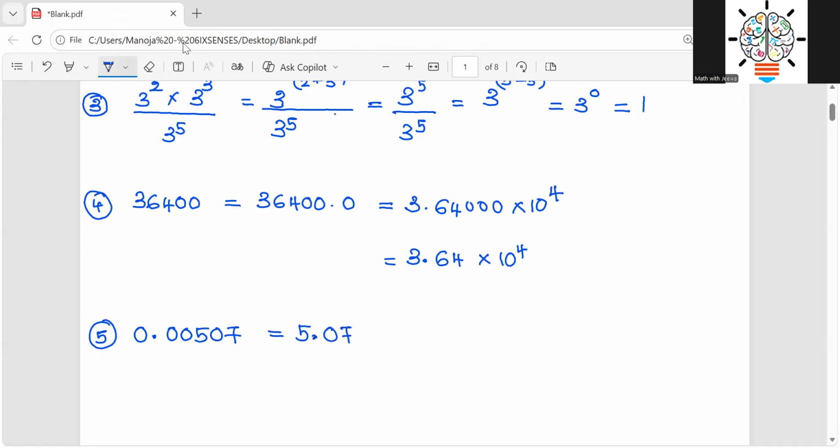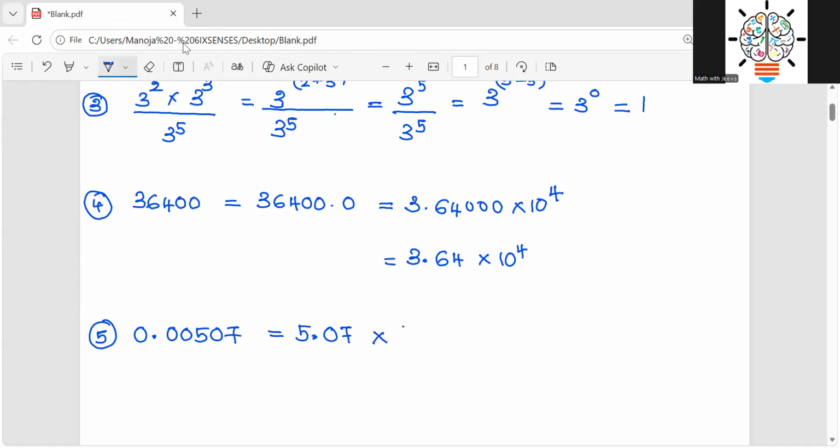5.07. Anyone who is struggling with the standard form concept: the standard form number is a number between 1 and 10, multiplied by 10 to the power of something. To convert this into something between 1 and 10, it should be 5.07. And how many steps do we have to move? 1, 2, 3.